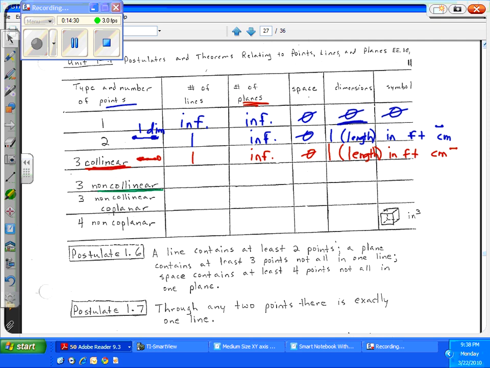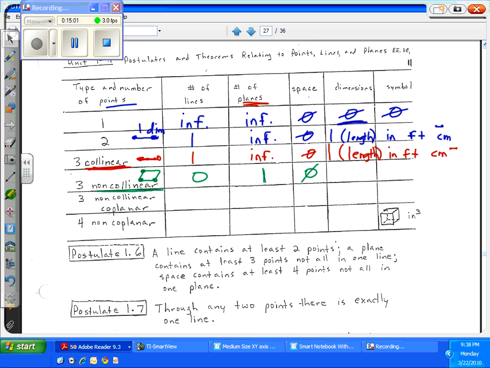Once we get non-collinear points, then obviously we have no line anymore. But 3 non-collinear points determine 1 plane. We've not yet determined space. A plane would look like this, created by 3 non-collinear points.